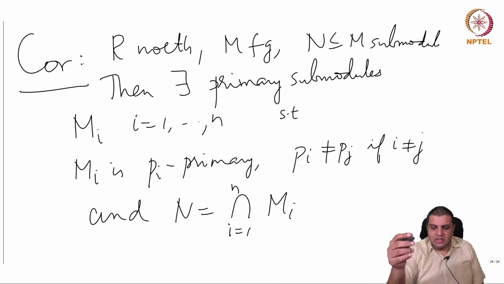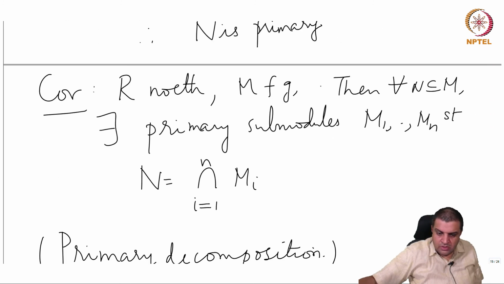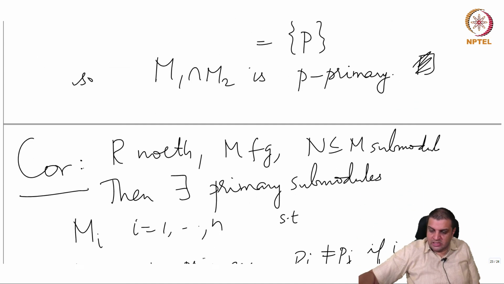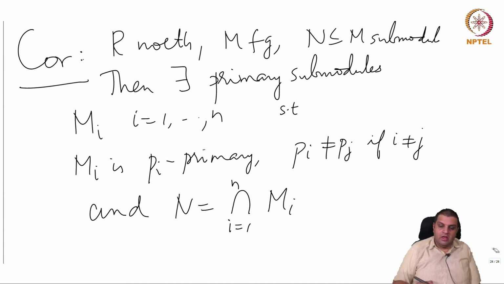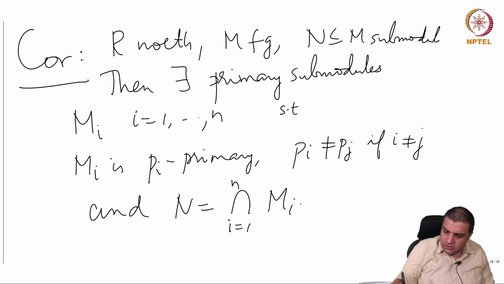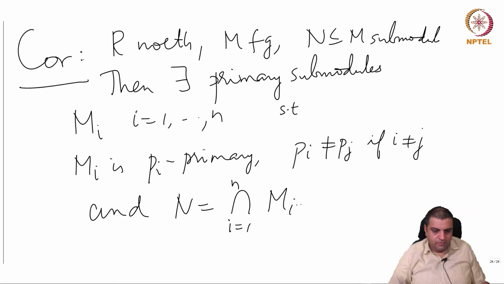In other words, in the earlier corollary where we saw this intersection, club all the ones with the same P together and call that Mi. So now we can get these primes to be distinct. So we will stop here and we will continue discussing this further in the next lecture.